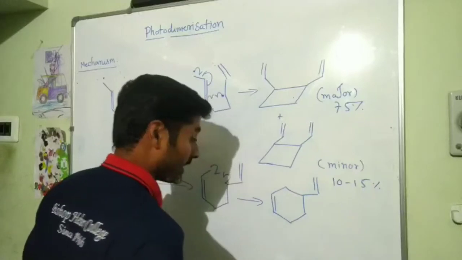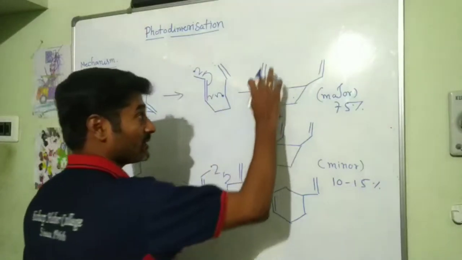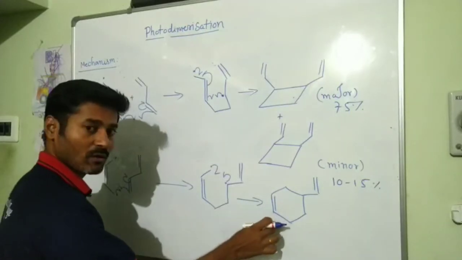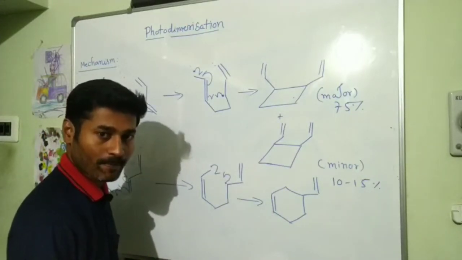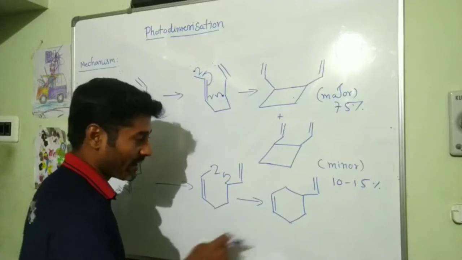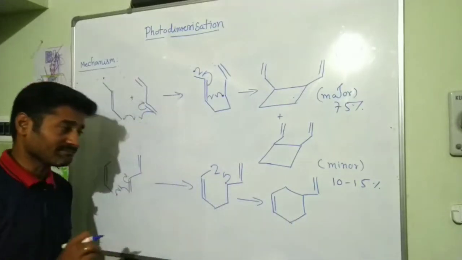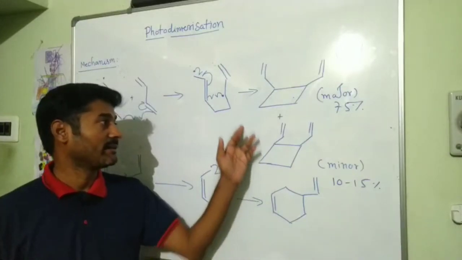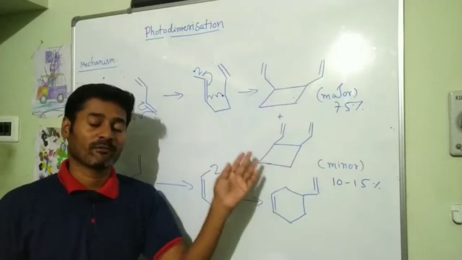In the first case, these two overall are 90%, and this one only 10%. Now I'll tell you why, according to the first case, this one will be the minor product and the disubstituted cyclobutane will be the major product.